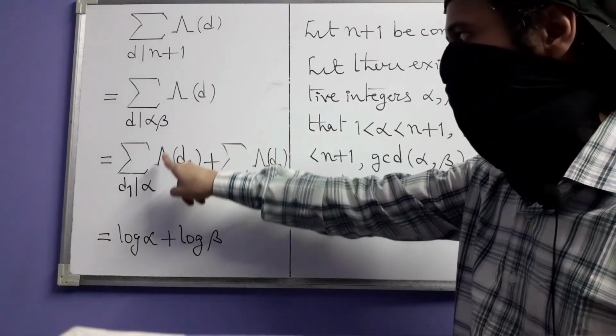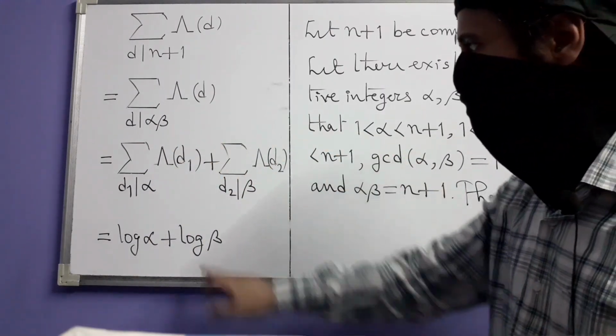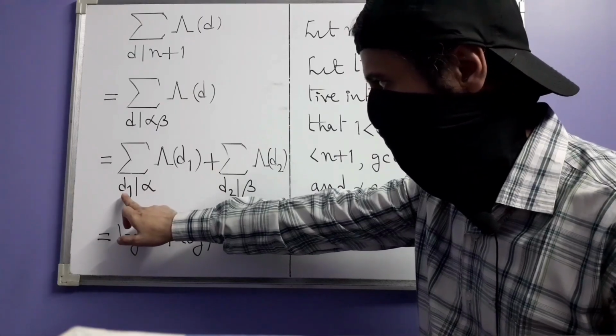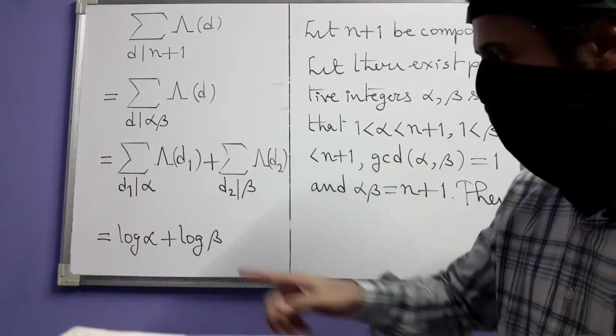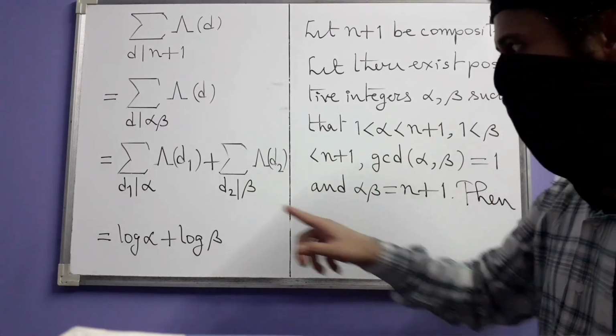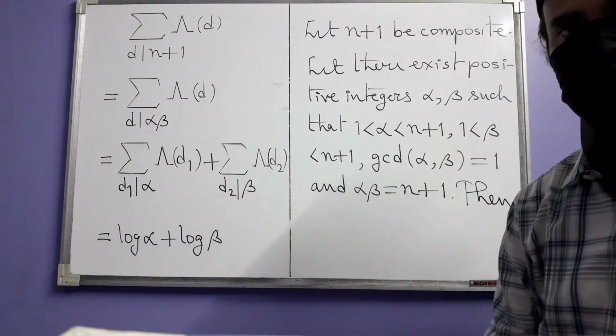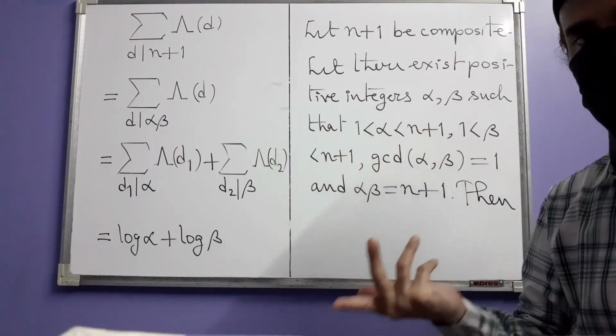So this sum reduces to the sum of these two sums, where you understand that here d1 varies over all the positive divisors of alpha and d2 varies over all the positive divisors of beta. I have deliberately used d1 and d2 here so that you can go back and see the thing that we are using.